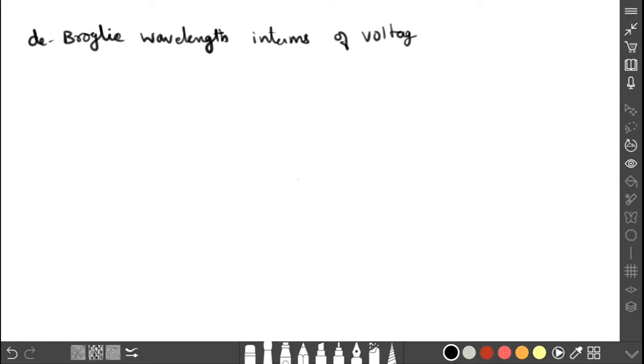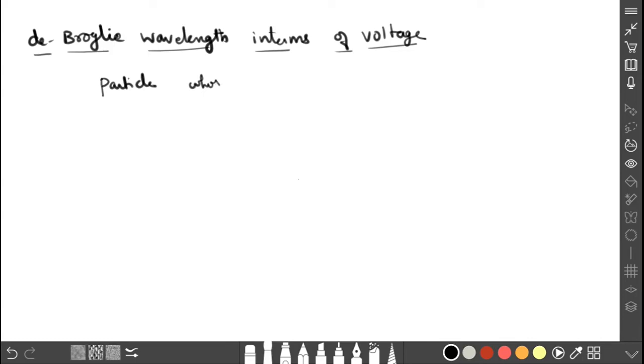Already I said that waves will be associated only with the moving particle. So now I am going to give the voltage, that means potential difference, to the particle. For example, consider a charged particle whose charge is e.